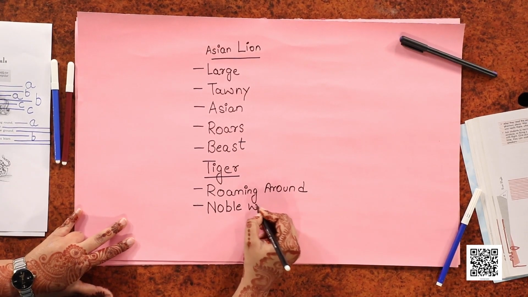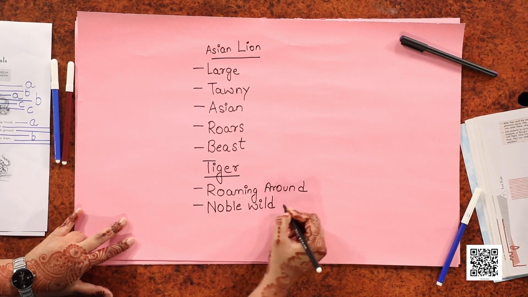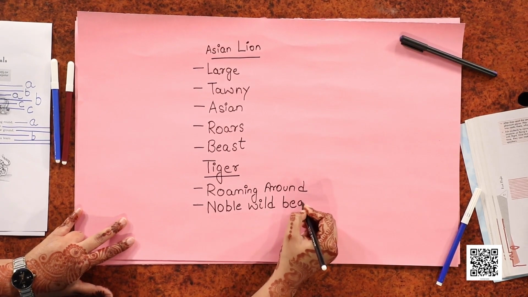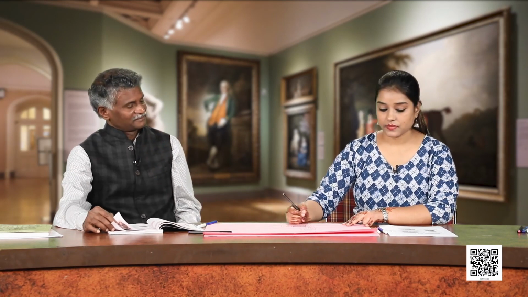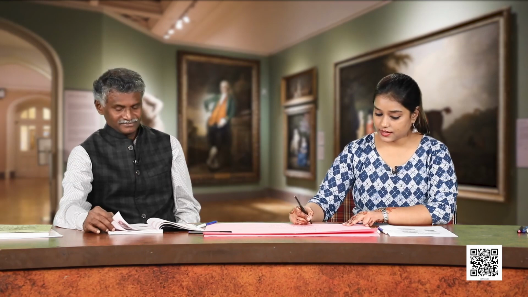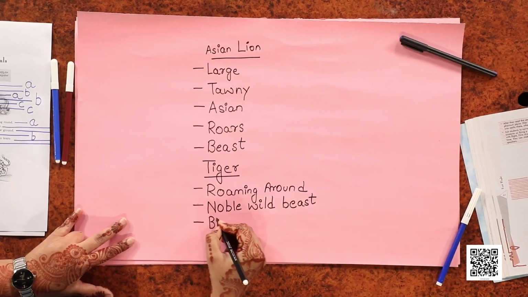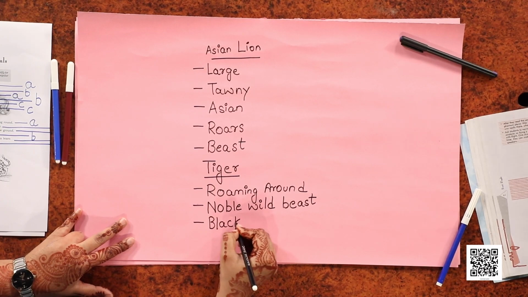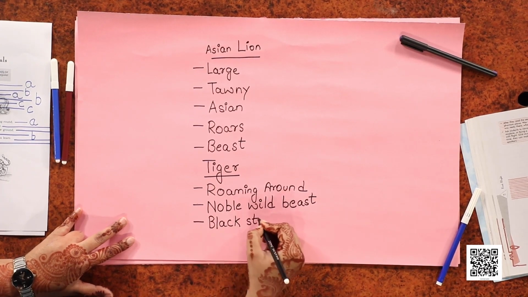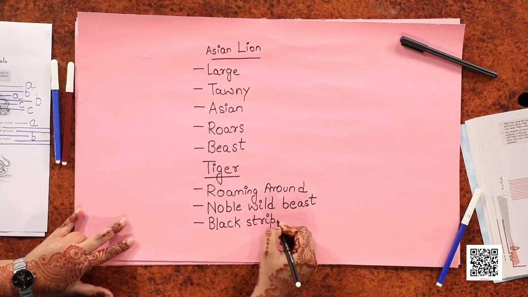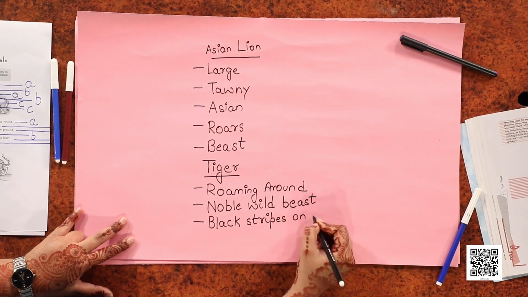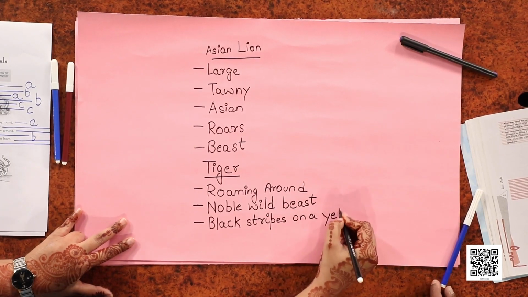Look, learners, the poet uses the word beast, beastly, referring to all these animals because they are wild. Then it says black stripes on a yellow ground.